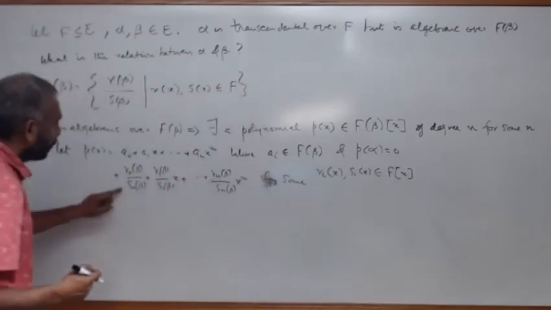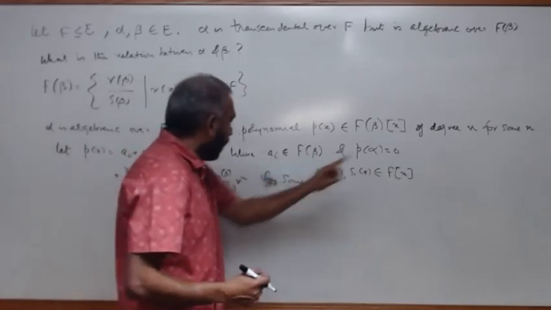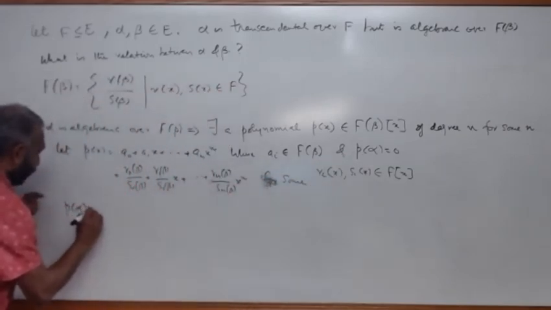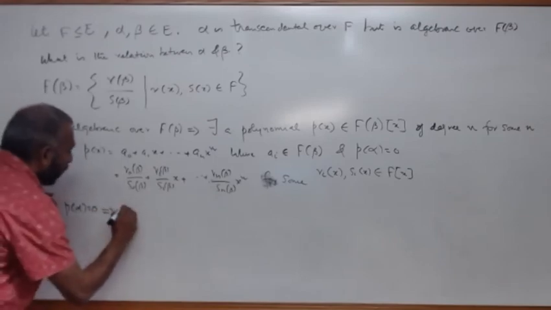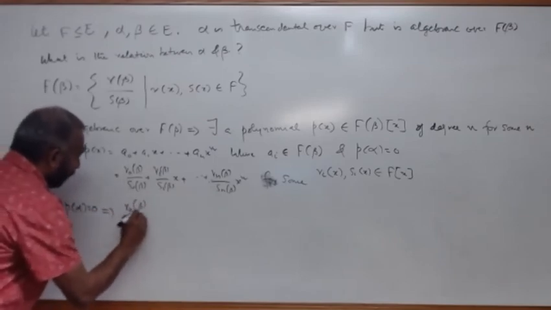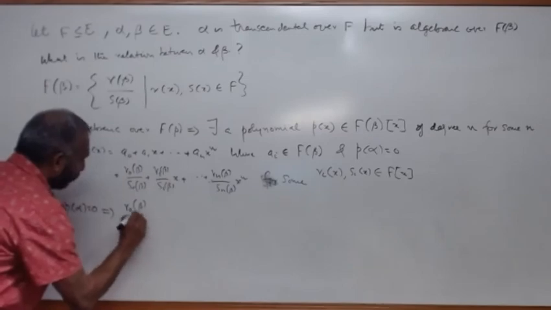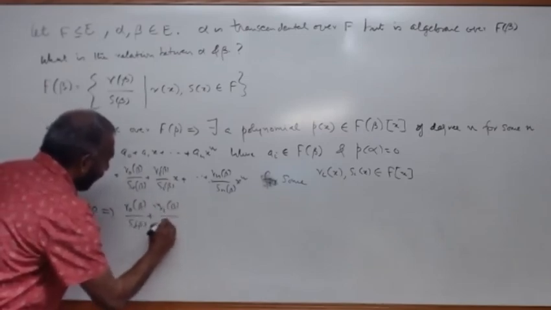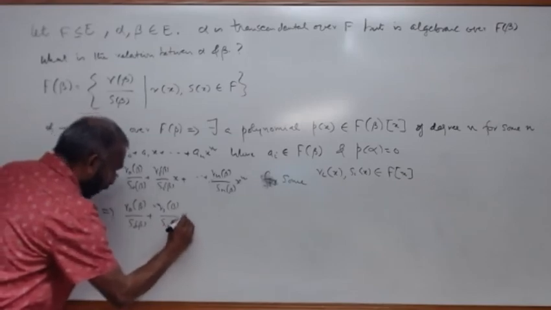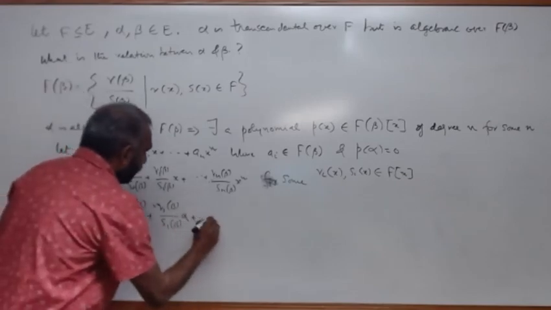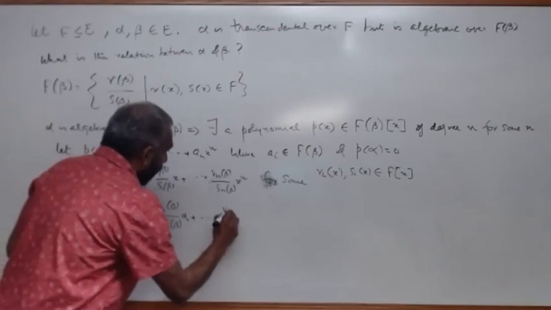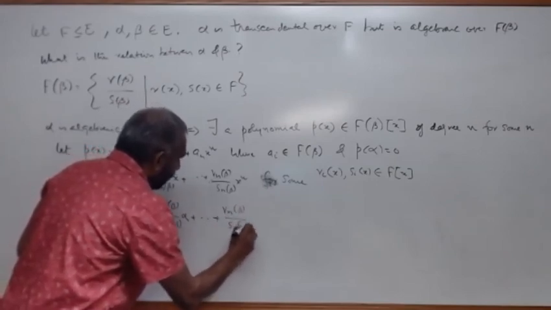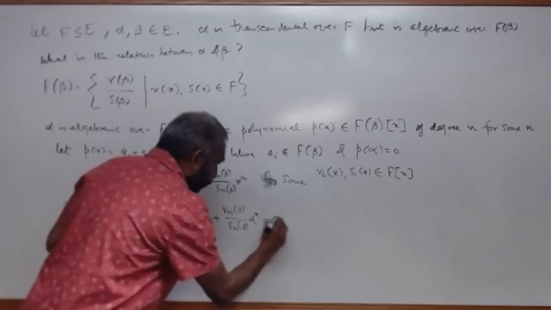So we can substitute x with alpha and get the whole value as 0. P of alpha is equal to 0 implies r0 of beta by s0 of beta plus r1 of beta by s1 of beta times alpha plus ... plus rn of beta by sn of beta times alpha to the power of n equal to 0.